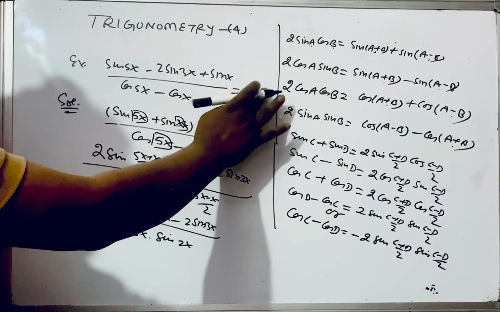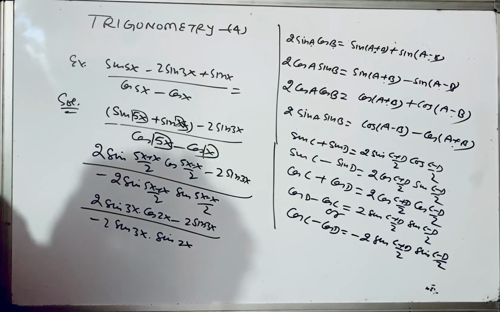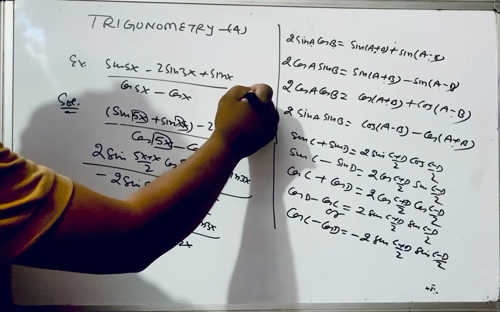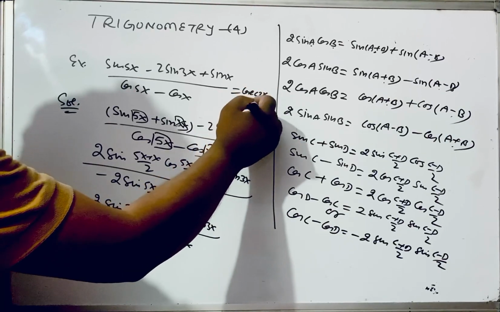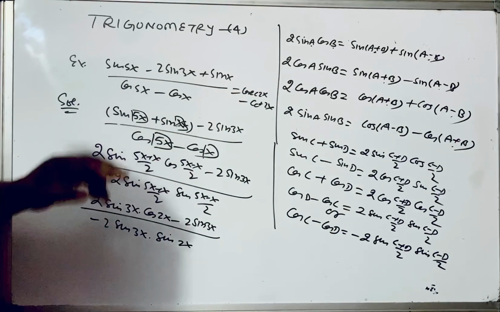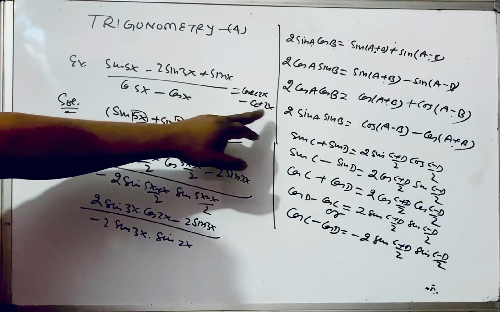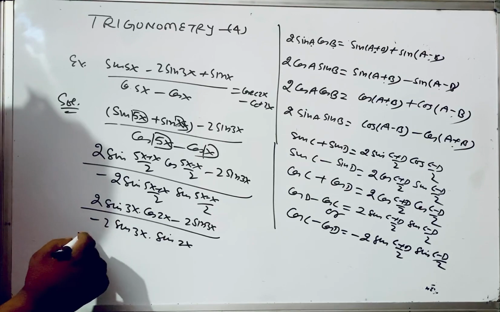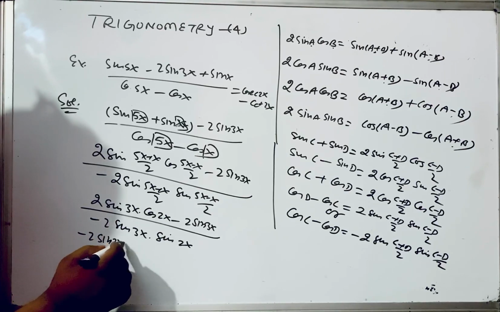We will prove this equal to cosec 2x minus cot 2x. Now take common minus 2 sin 3x.